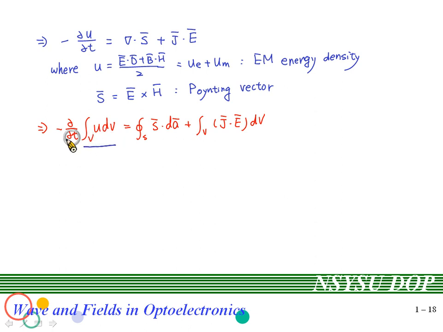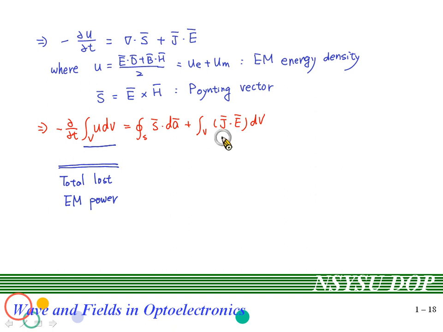If you perform the partial over partial t, this will give you the EM power, and minus here will refer to the total lost EM power. So on the left hand side here, this means the total lost EM power.